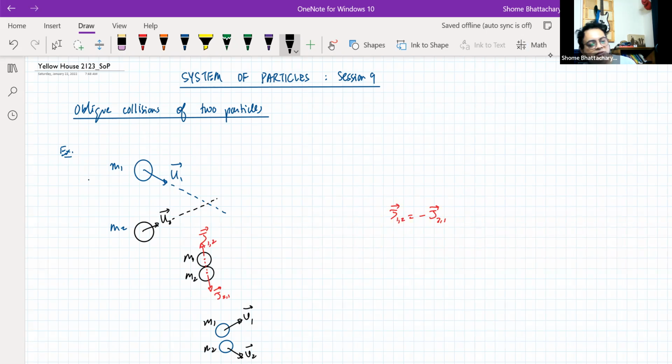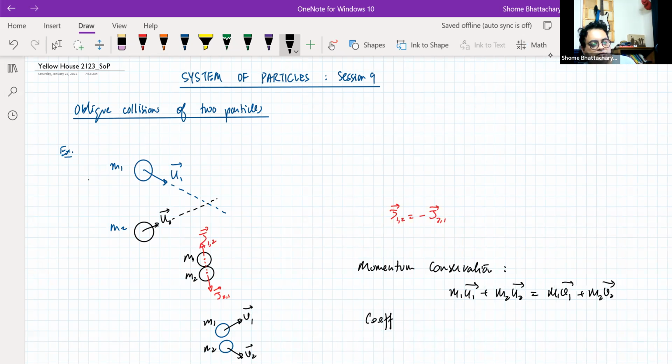So the equations available to us here are momentum conservation, but that becomes a vector equation. And the coefficient of restitution equation.